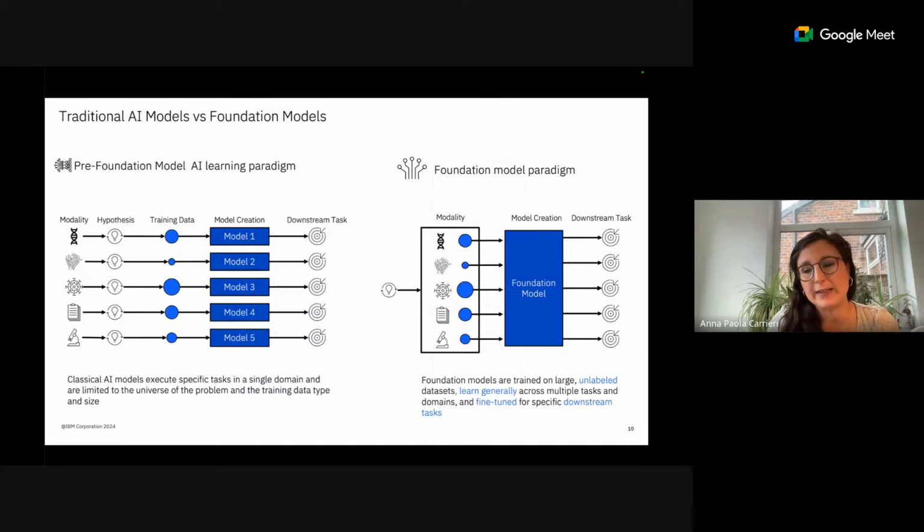What happened with classical AI models that are not Gen AI is that even if you build a model that has a very high accuracy for your specific task, study and data set, what the community has found is that when you try to apply this model on another study, in another cohort, let alone another task, the performance dramatically decreases.